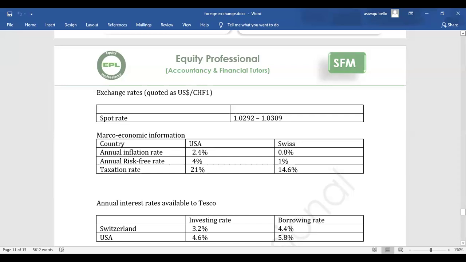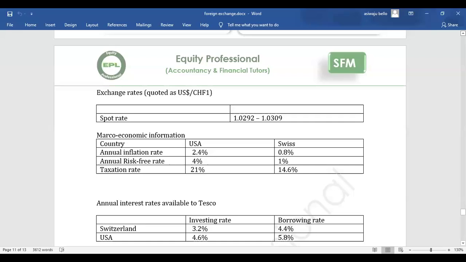Information about inflation or information about risk-free rates. I'll repeat that. Unlike the hedging questions we have solved, for those in class last week, we solved question 1, and in that question the examiner gave us the forward rates, so we just picked the forward rate and used it.